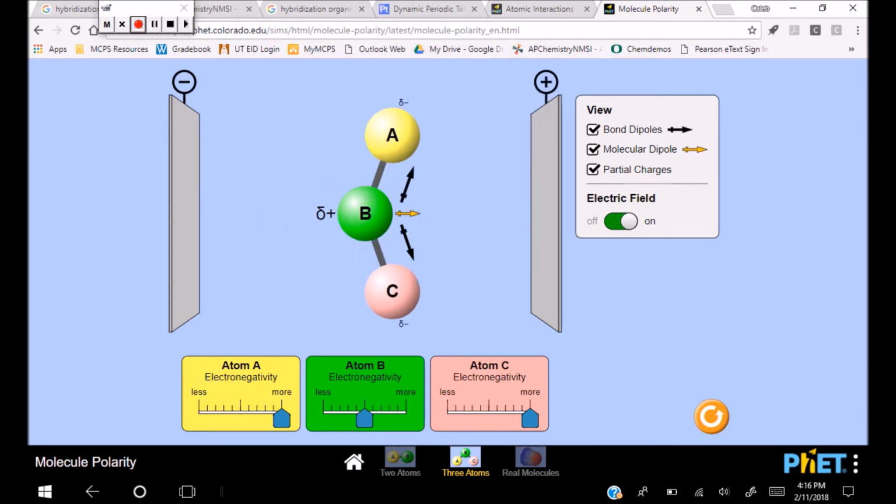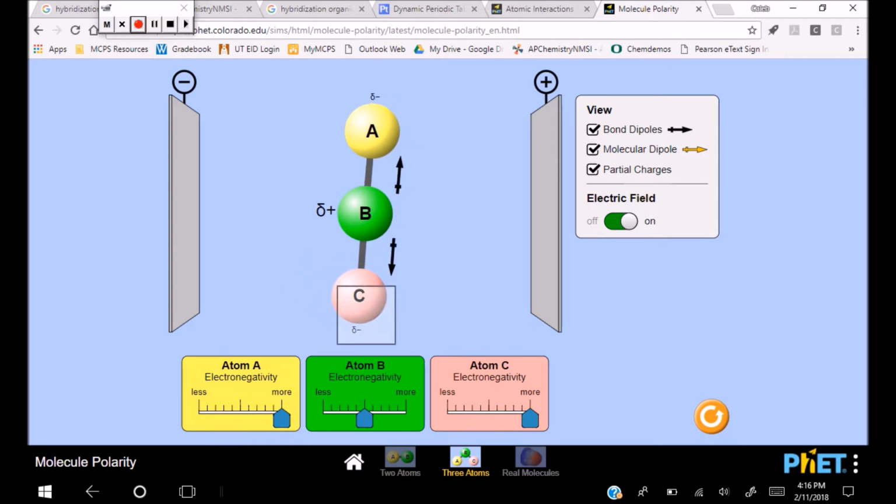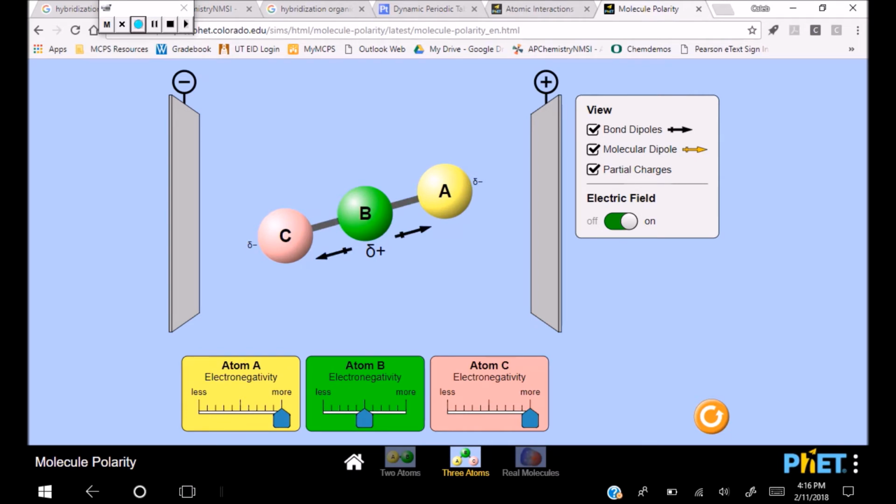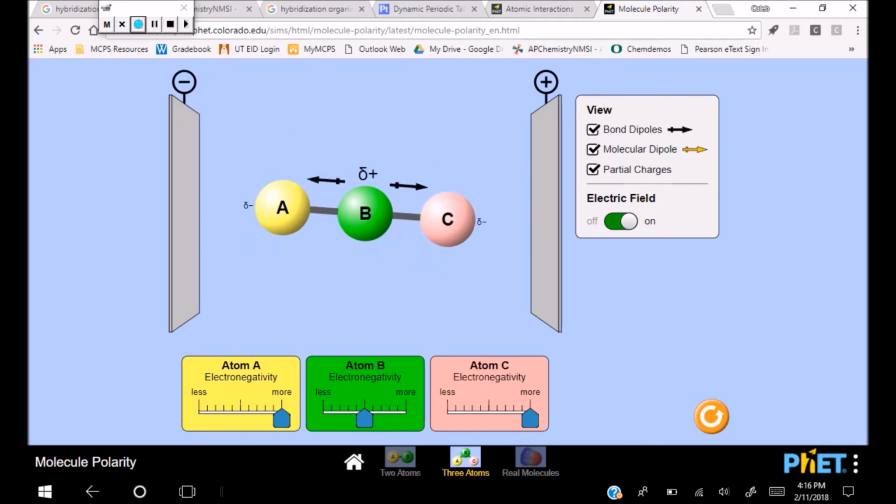Now with this one, it's really hard to see. The more I change that angle, the more I get more of a dipole. But when I have almost a perfect distribution here, it doesn't really respond to the polar ends of the magnetic field.